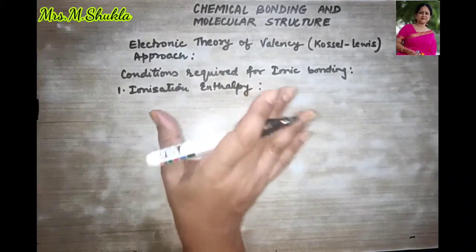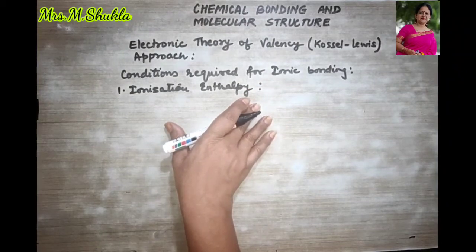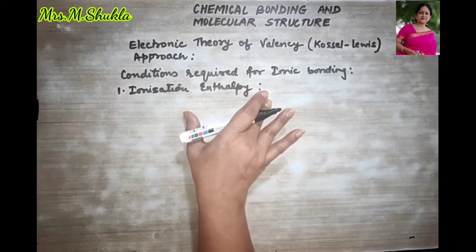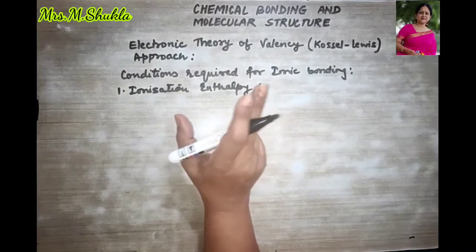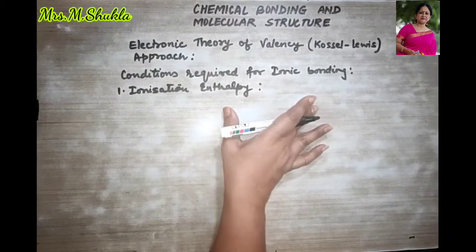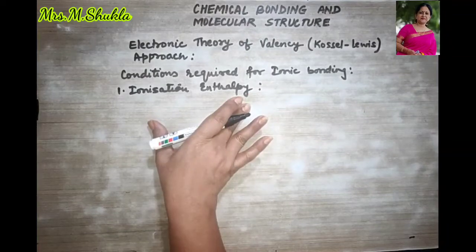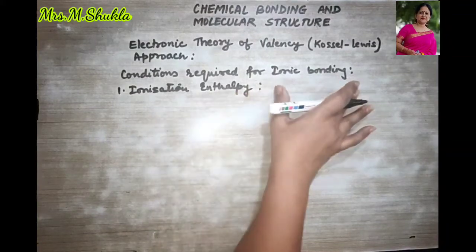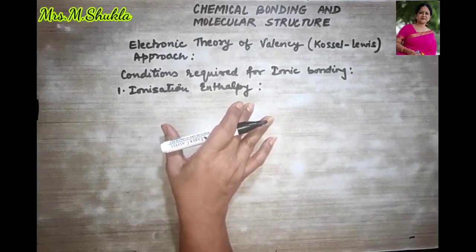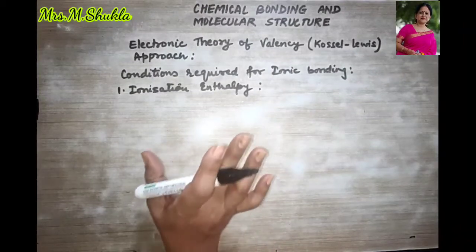So what do we know? Lower the ionization enthalpy of an atom which forms a cation on losing an electron, it favors the formation of your ionic bond. Clear? So the element should be a metal, that is it should be electropositive in nature. Is this point very clear? What did I say? Low ionization enthalpy always favors ionic bonding. Why? Because low ionization enthalpy also means that we are talking about a metal that is electropositive in nature.